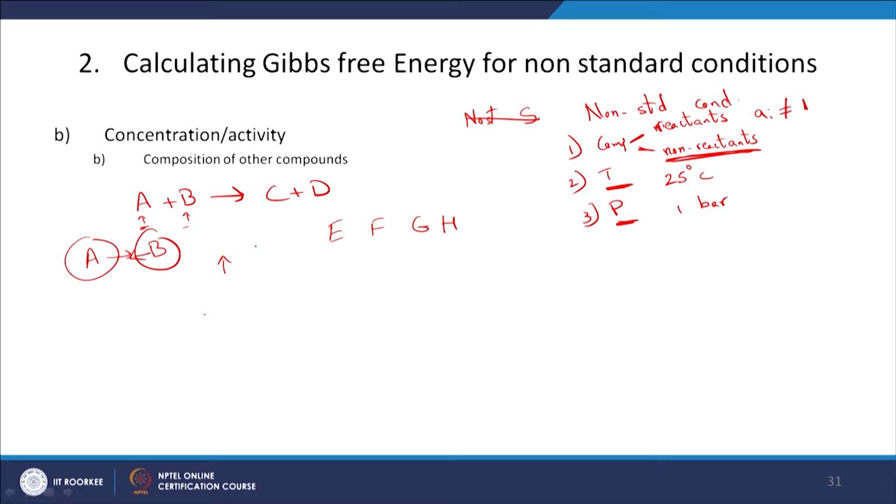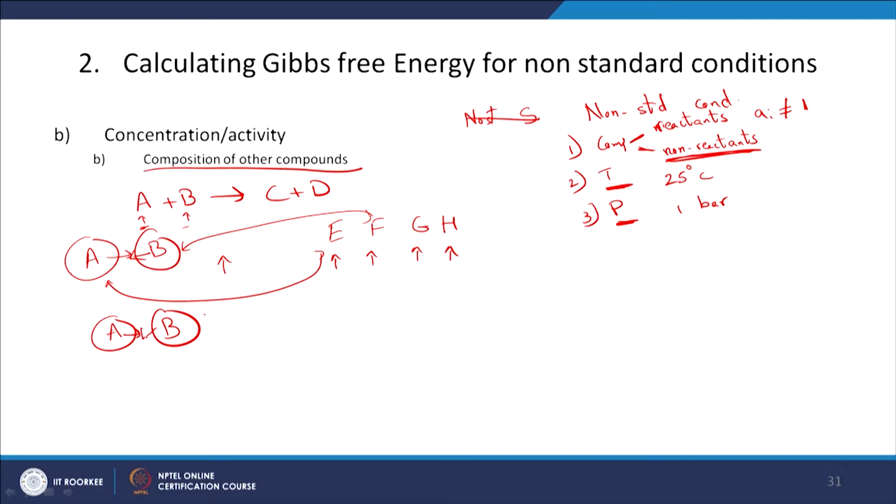But in this case, when we are talking about the composition of other compounds, especially ionic compounds or charged species, and your concentration of these charged species is relatively high, then they are going to have their own interactions with the relevant reactants. So the probability of A reacting or colliding with B would decrease.